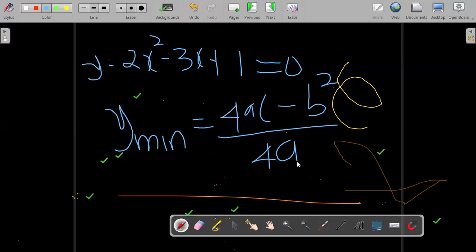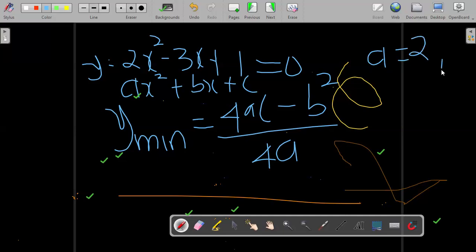So if you compare ax squared plus bx plus c, you agree with me that our a is 2, our b is minus 3, our c is 1.